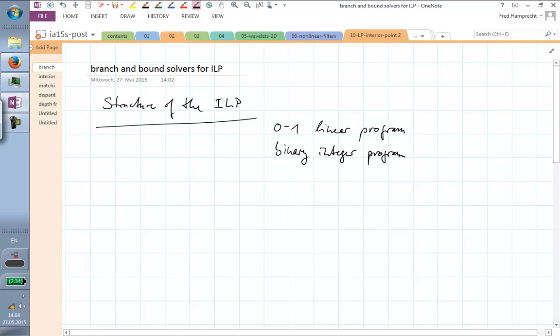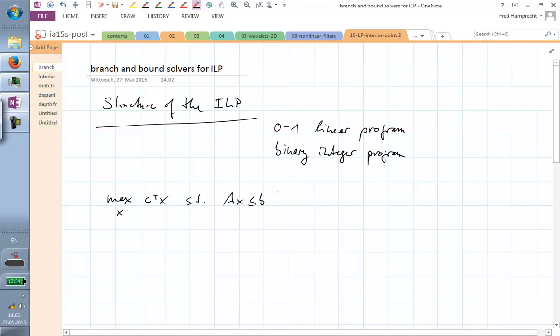Now, we were saying that we try to maximize some function which is linear in our variables of interest. Yesterday I wrote mu, today I'm writing x in keeping with the standard notation of this field.